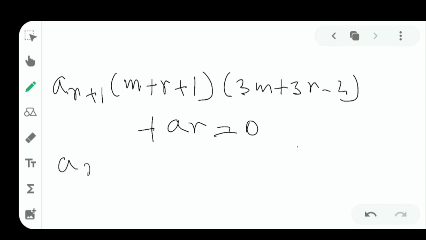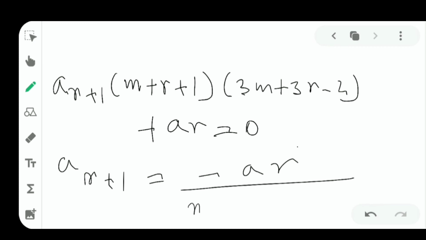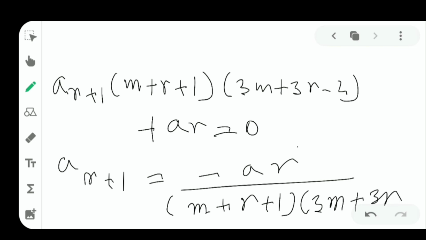So a_(r+1) will be equal to minus a_r by (m plus r)(m plus r plus 1), plus 3m plus 3r minus 2.